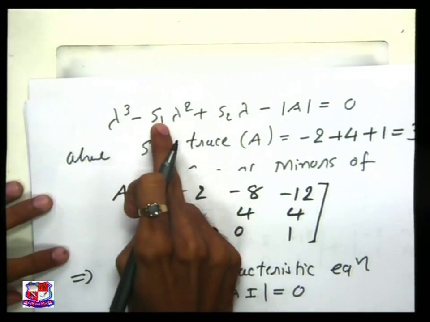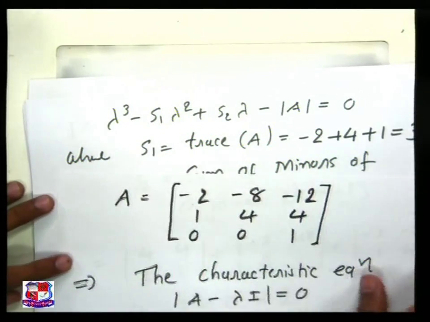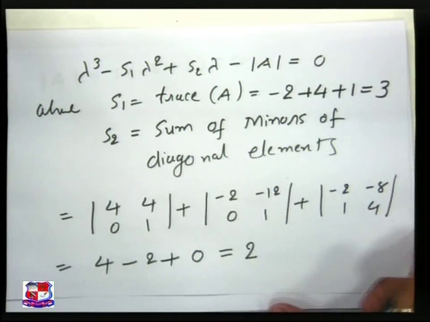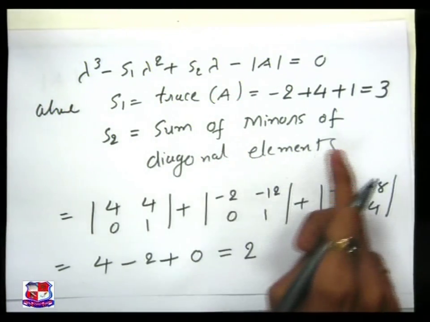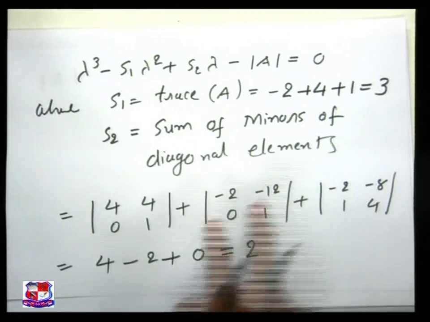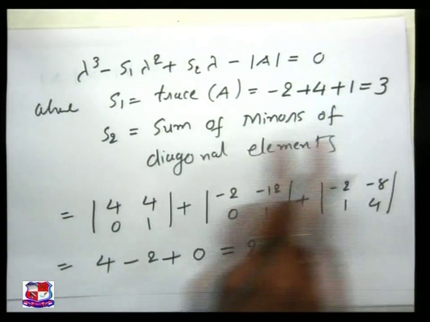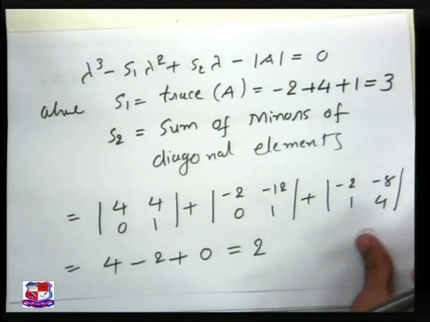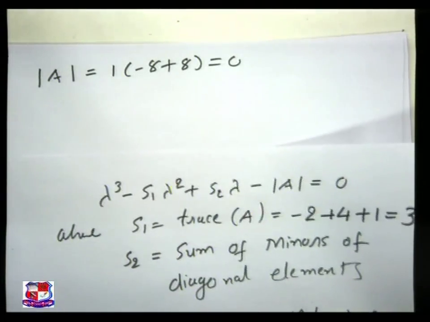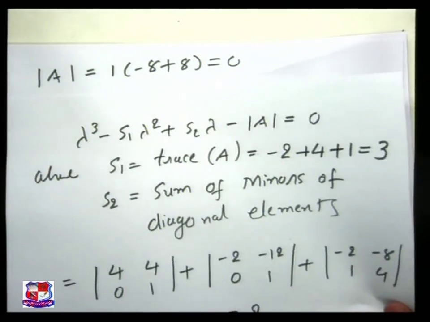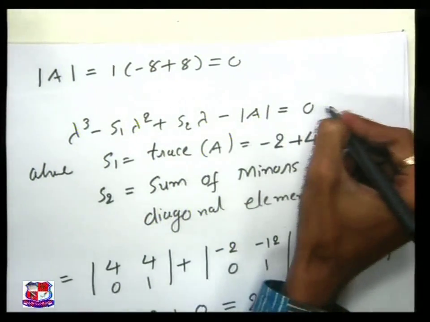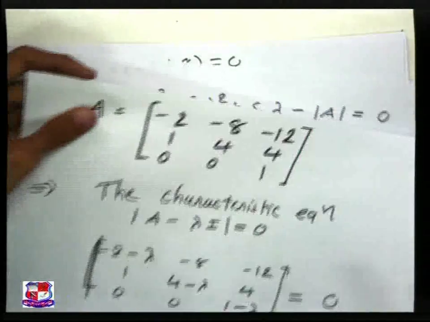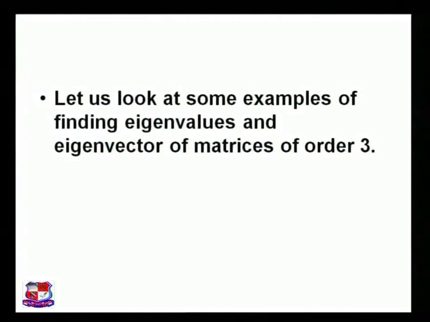S1 is the trace of the matrix, that is 3. S2 is the sum of the minors of the diagonal elements, that is 2. The third one is the determinant of A, which is equal to 0. If we put all these values in this equation, we will get the characteristic equation.